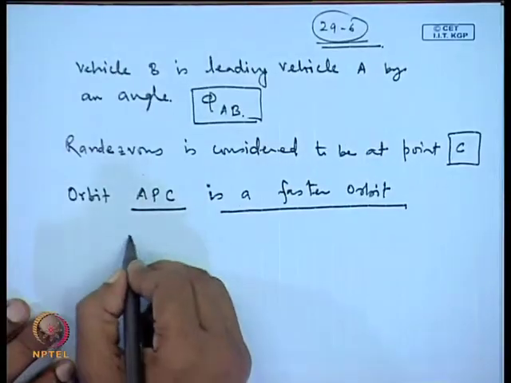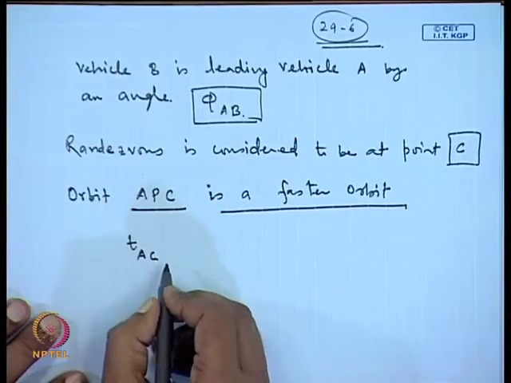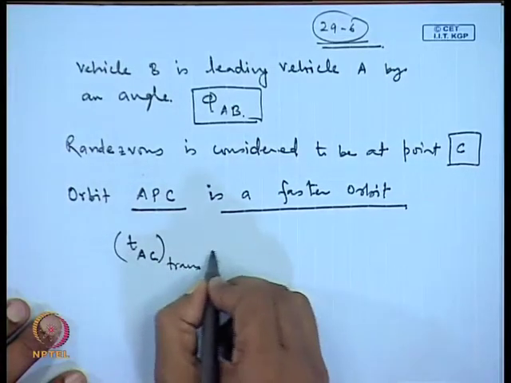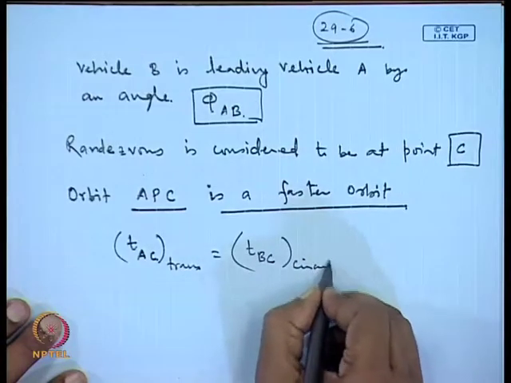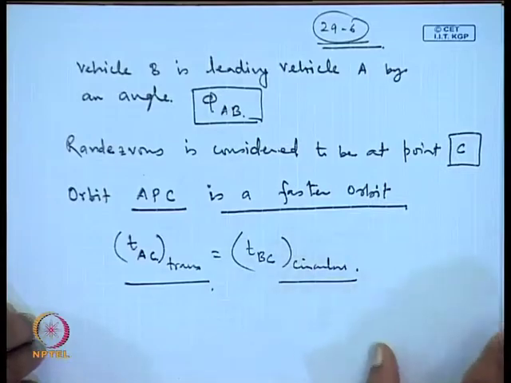So, therefore, we can write here TAC for the transfer orbit equal to TBC for the circular orbit. Okay. Both times will be the same.